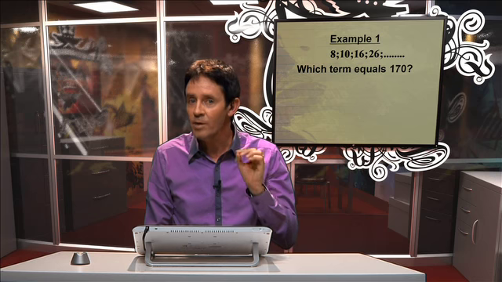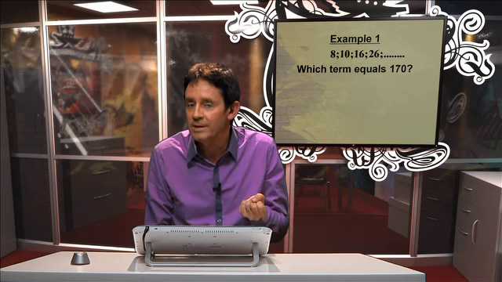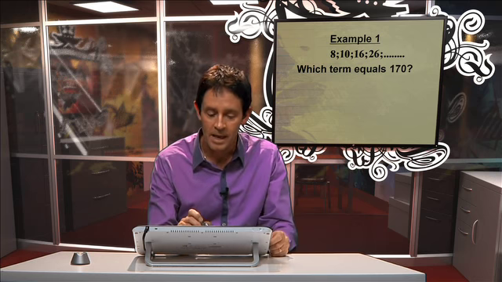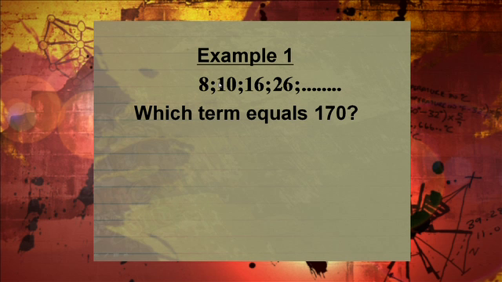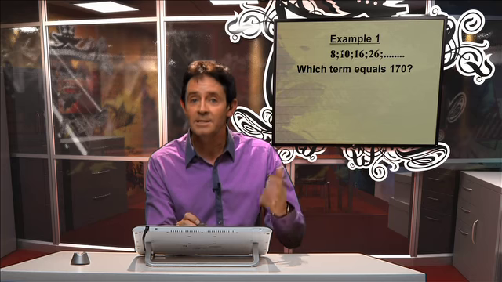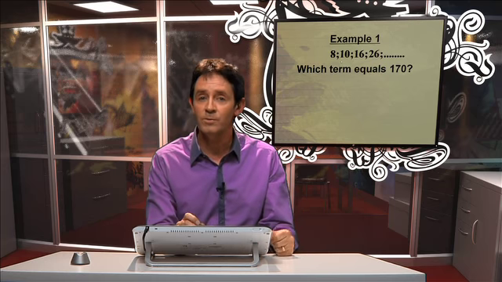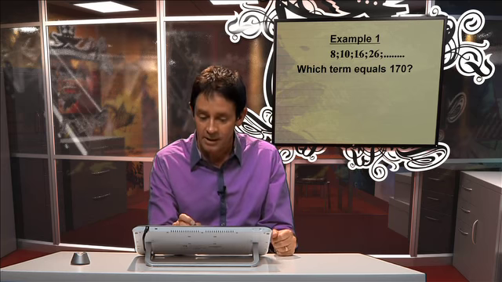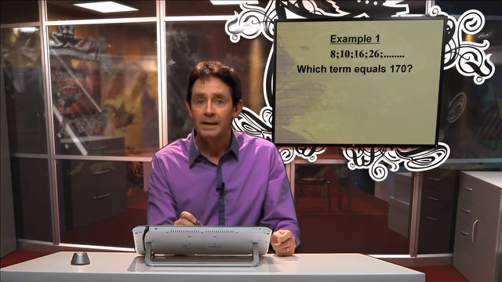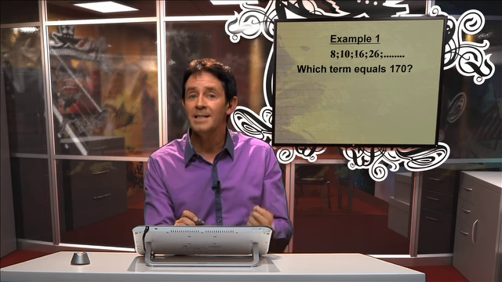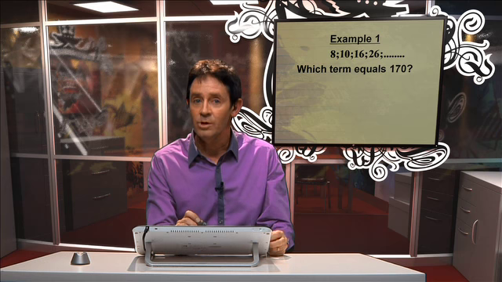Now the problem arises: what do they mean by this? Have a look here. If I said to you, which term of the sequence is 10? Well, what would you say? It's the second term. Which term of the sequence is 16? It's the third term. Now the third is like the n value.